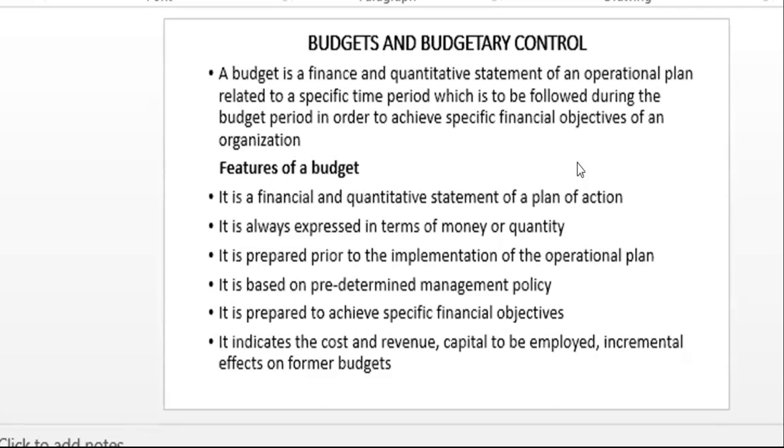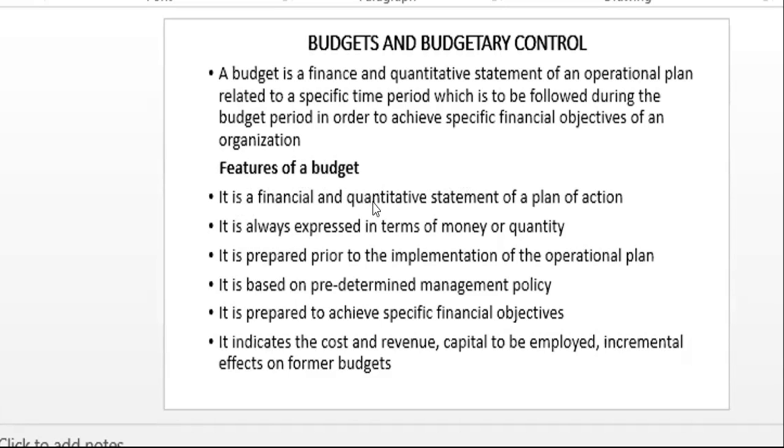Quantitative is now the units, the quantity, isn't it? Or if it is the government, we could be talking about the number of kilometers of roads that need to be constructed in a given period of time. So this is the role of a budget, and it is very important at all levels of operation.